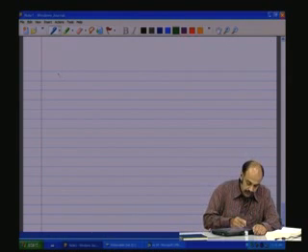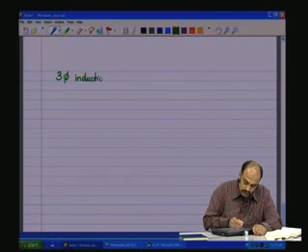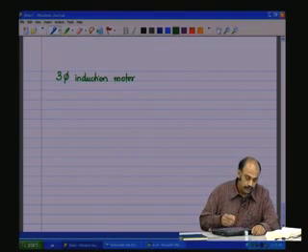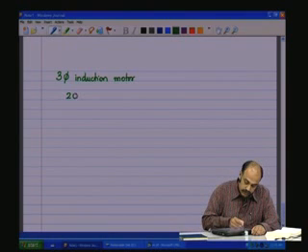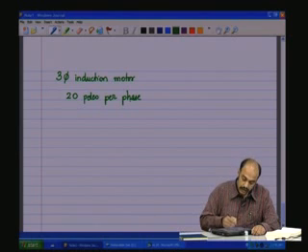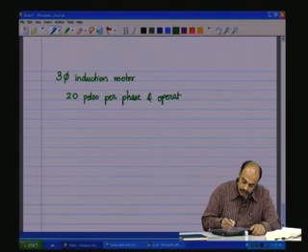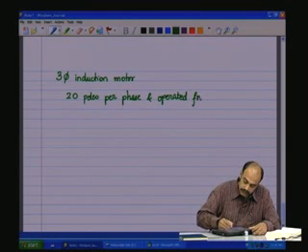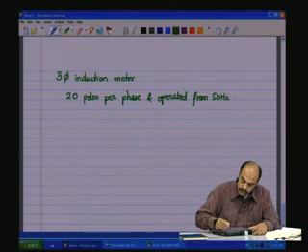Let us say we have a 3-phase induction motor which has 20 poles per phase, and it is operated from a 50 Hertz 3-phase source.